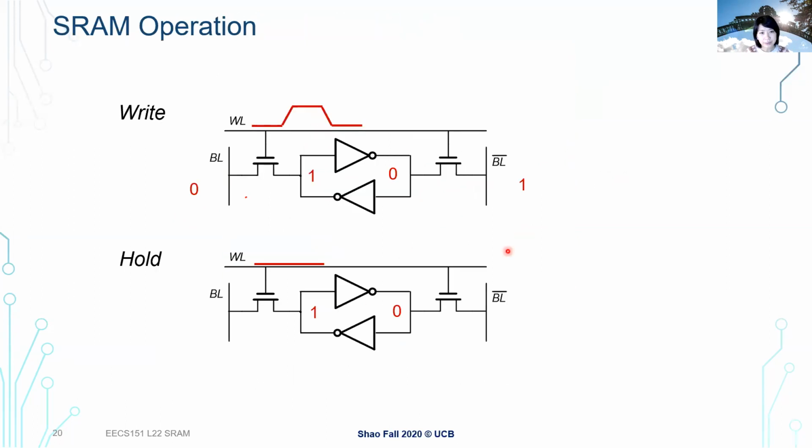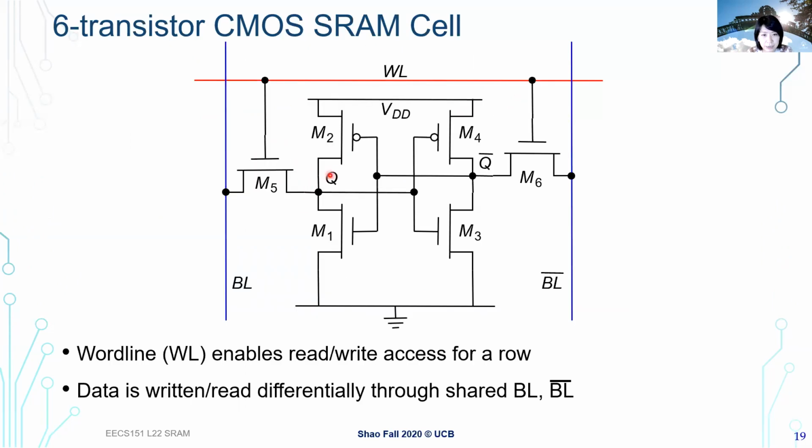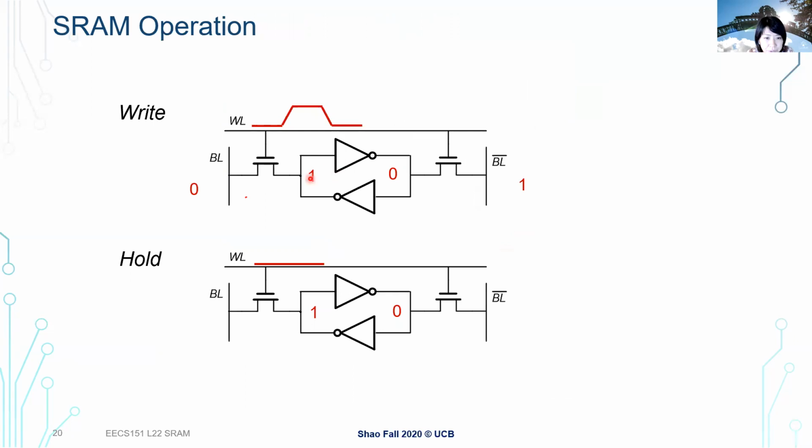Okay, so for the write, we already talked about it earlier. Again, the word line is used to specify whether we want to access this cell. So when the word line is high here, my access transistor is turned on. Let's say originally this value is Q. We're storing a 1 here in Q, and so the Q bar is storing a 0 here.